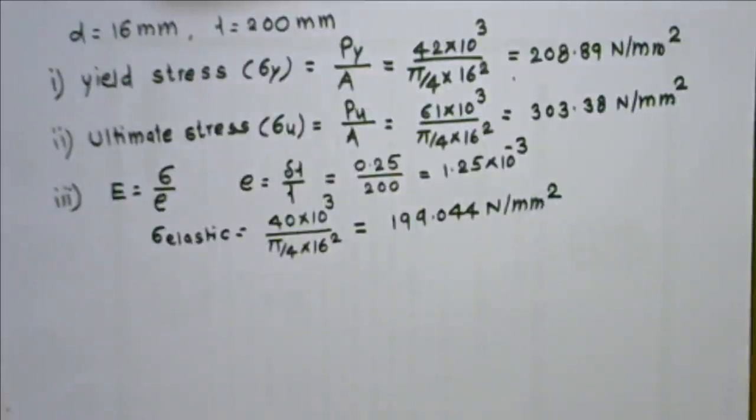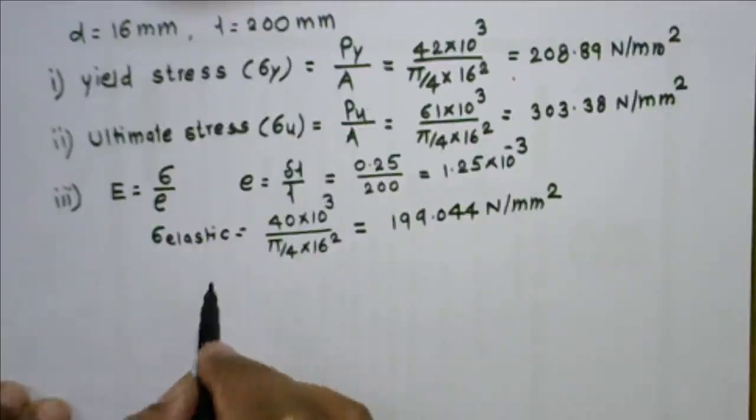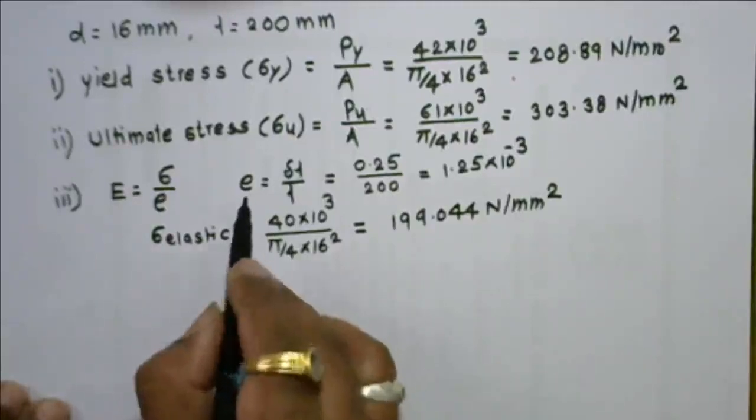Now come to the points. Our modulus of elasticity E is equal to sigma upon strain.